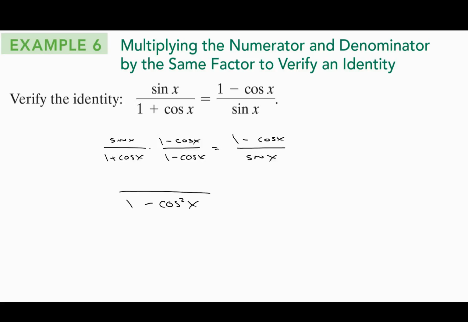Okay, the top, let's leave it factored for now, because again, remember what I said before, is that you really don't want to mix up terms with sines and cosines if you can help it. And watch what happens. 1 minus the cosine squared is the sine squared.